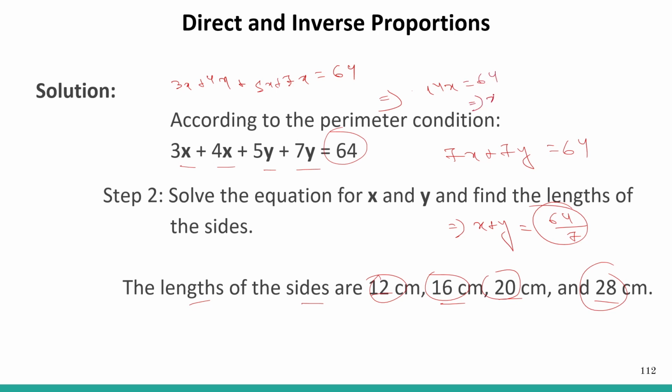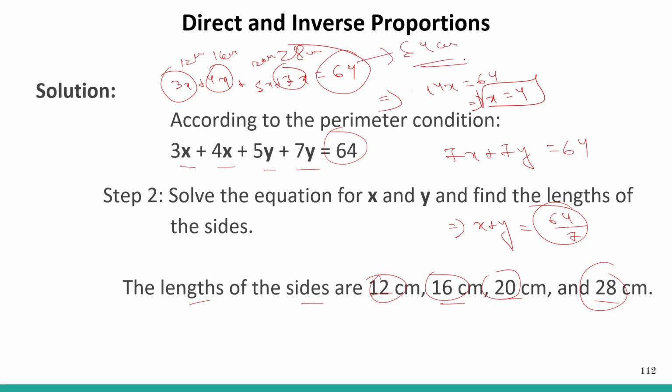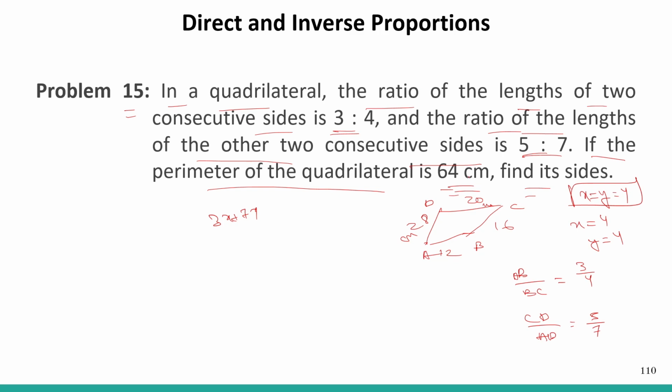So this implies that x is equal to 4, and we can easily evaluate 3x. So 3x is 12 centimeters, 4x is 16 centimeters, this will be 20 centimeters, this will be 28 centimeters. Okay, so combining, what we get is 64 centimeters. So we can find individual sides using this kind of method. Okay, so that's all for now. Thank you.